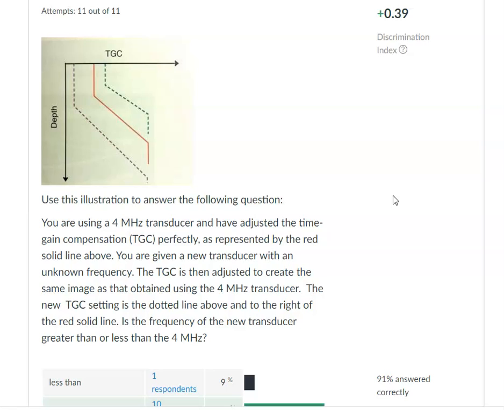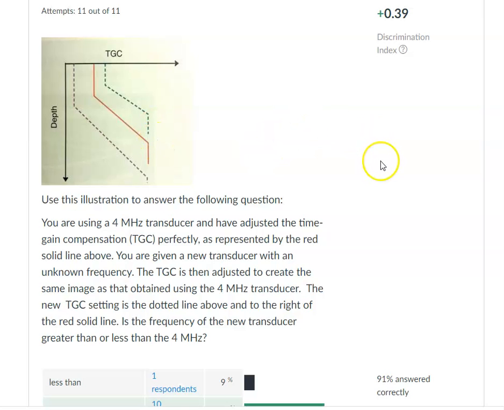But the new TGC settings is above and to the right, so it's this one up here. What is the frequency of the new transducer? Is it greater or less than 4 megahertz? So we had to use more gain because more gain is to the right here, and we had to use it sooner. So obviously we have more attenuation, and so the image must be being taken at a higher frequency because there's more attenuation and we needed more gain.